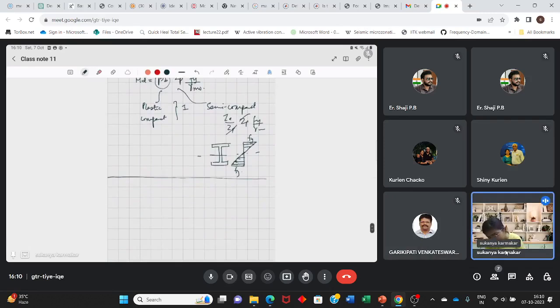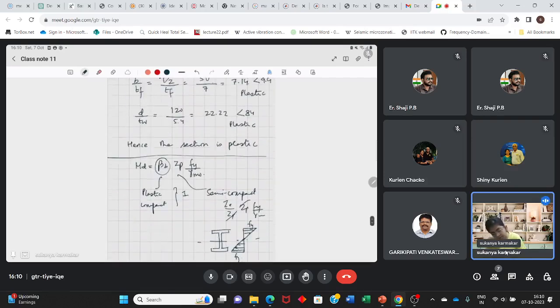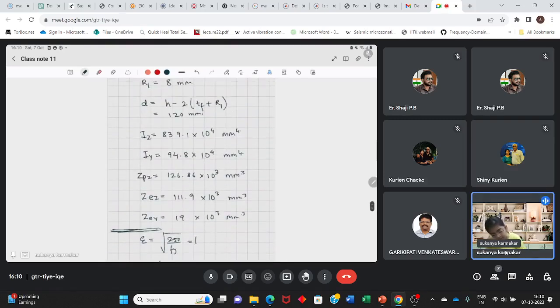So now I will check for the design bending strength. Mdz is equal to Zpz Fy by gamma m0, because the section is plastic. Zpz of this section has already been mentioned.